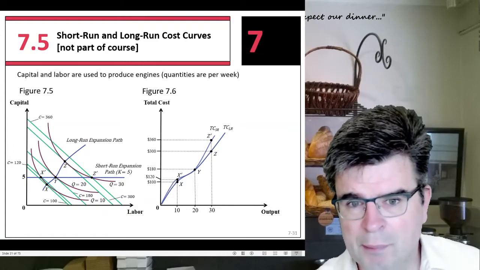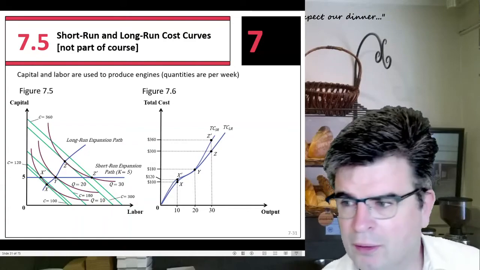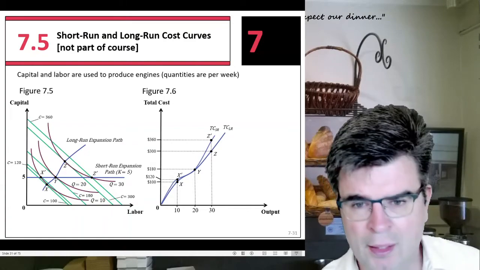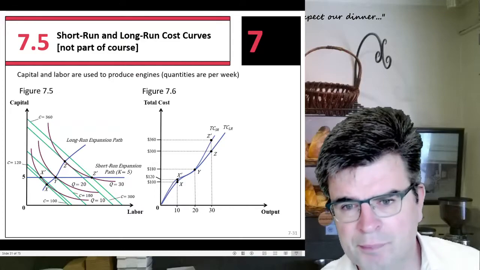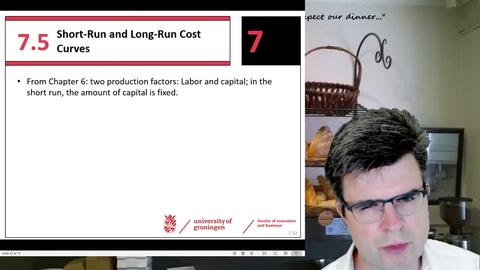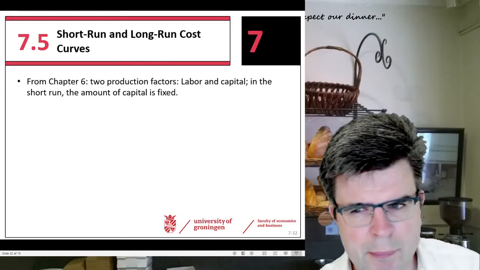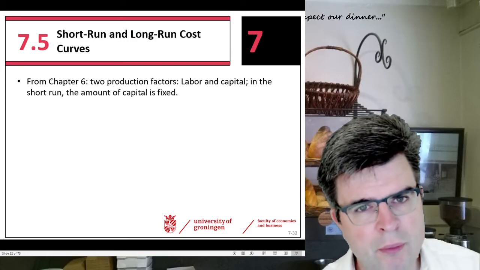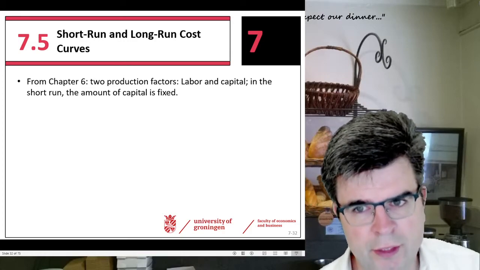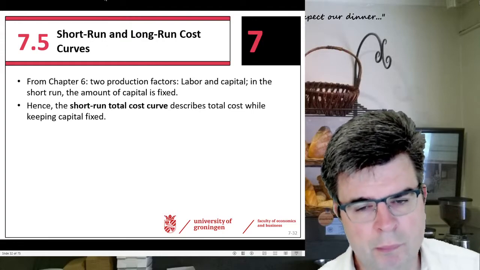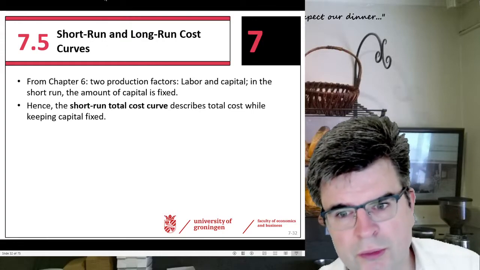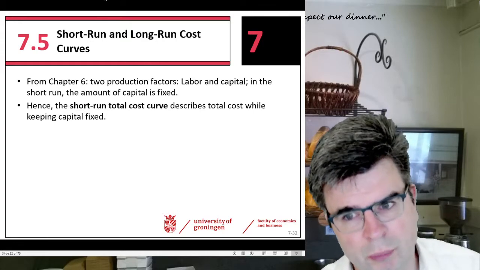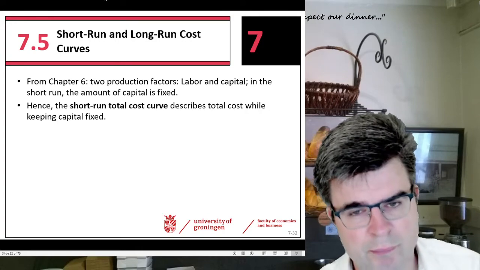So that's a lot to say about one or maybe two graphs here. And the story continues. So chapter 6 introduced two production factors, labor and capital. And in the short run, the amount of capital is fixed, which means that the short run total cost curve describes total cost while keeping capital fixed.